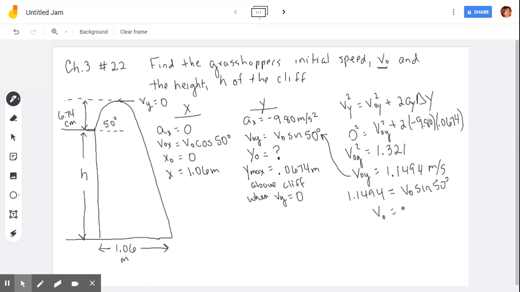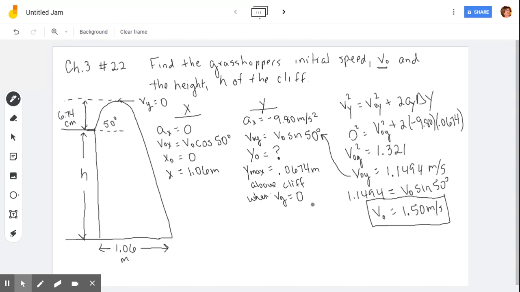And this time, I get that the initial velocity was 1.50 meters per second. Our mistake last time is that we got 15. And of course we were off because of this right here. That's what cost us.